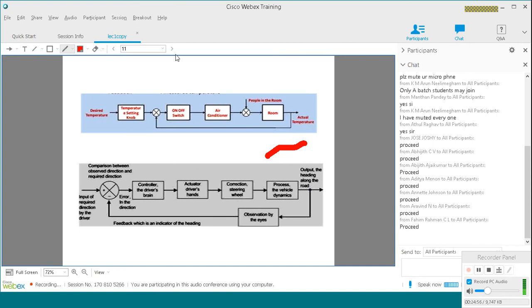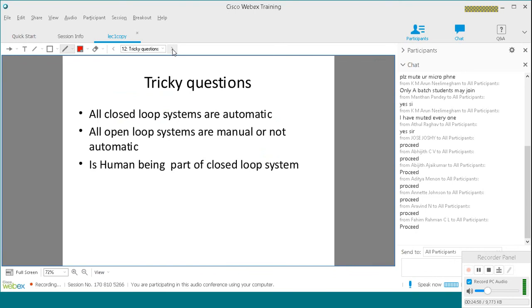So by automation we mean that human involvement is not there. So all closed loop systems will definitely have feedback. And in a similar context, another question can be twisted and asked: are open loop systems manual or automatic?